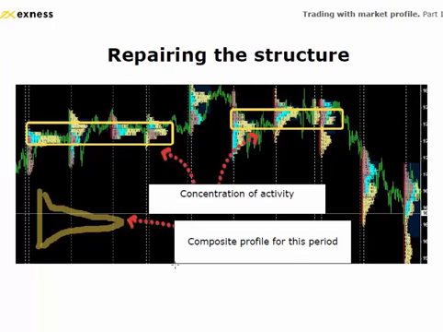The composite profile is a profile combining not just one day, but it can combine 4 to 5 days or 10 days or more. It is going to be very elongated and aligned to a limited number of levels on the vertical scale. It is going to look like that, very narrow.